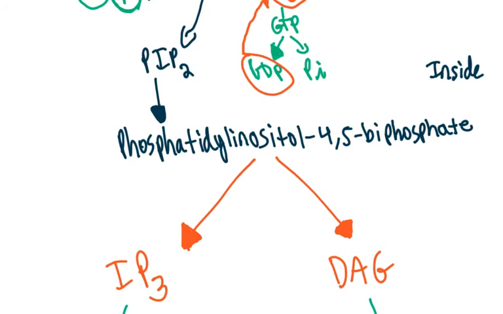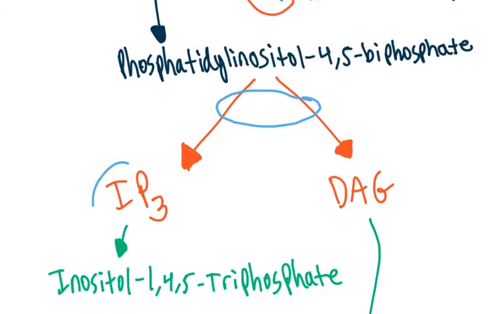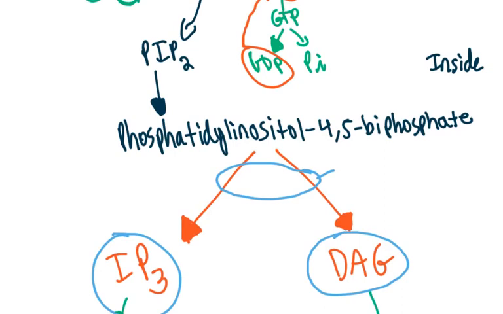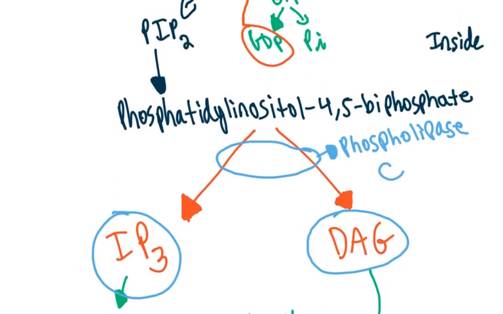So what's catalyzing this reaction? Well, the splitting of phosphatidylinositol 4,5-bisphosphate into inositol 1,4,5-triphosphate and 1,2-diacylglycerol is done by our phospholipase C enzyme. Now, let's go back up here.